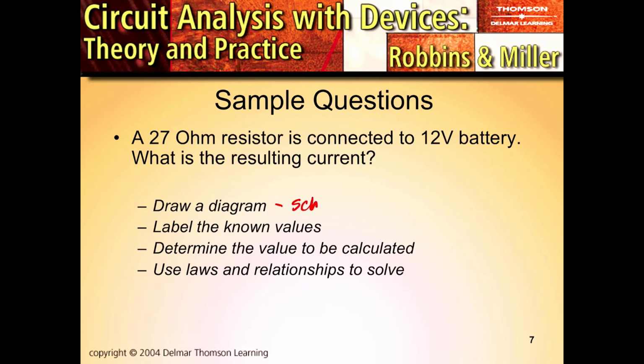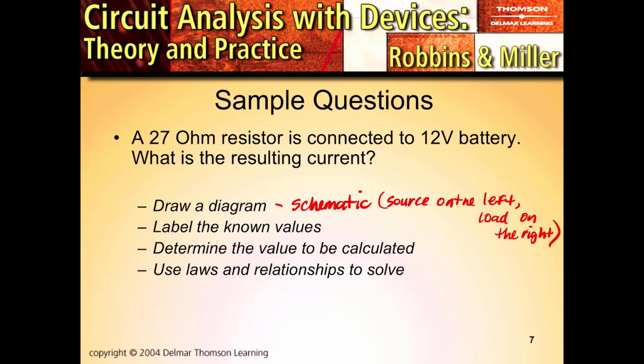And that diagram makes the most sense as a schematic diagram with the source on the left and the load on the right. That's common in all systems and circuits, to have the input energy on the left and the output energy or flow on the right.